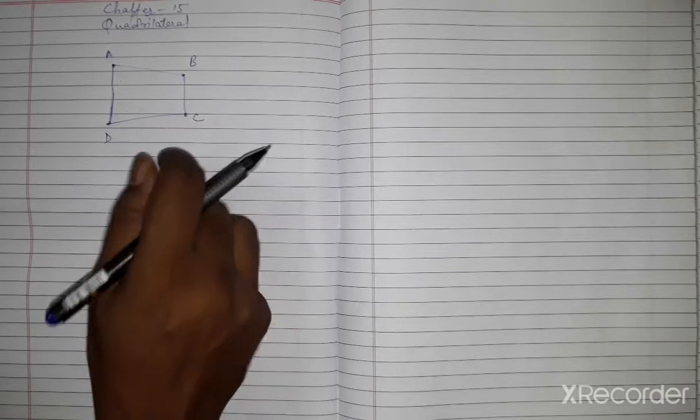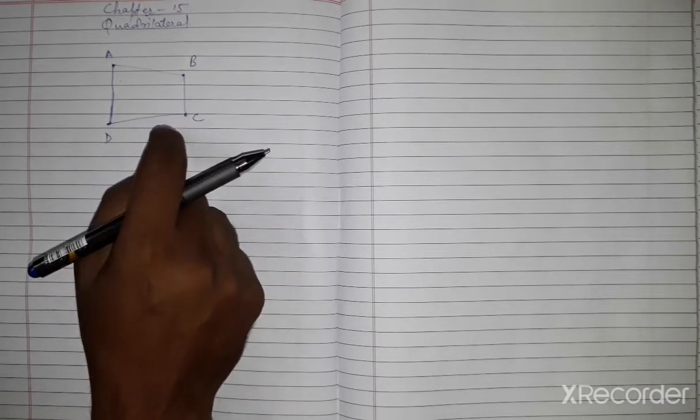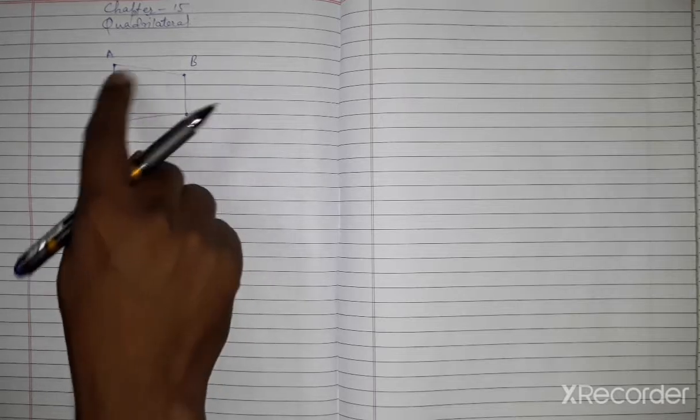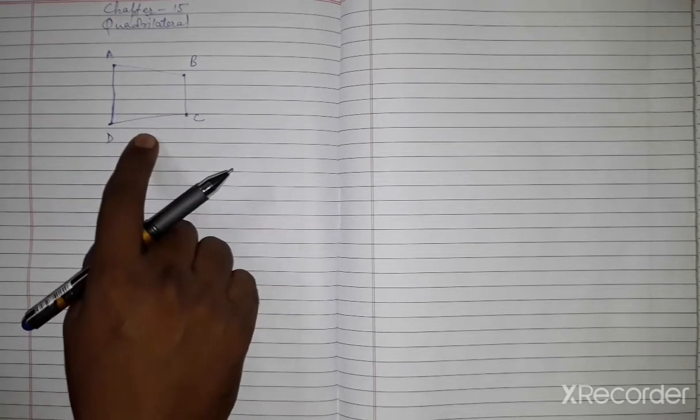Then the figure formed by these 4 line segments is called a quadrilateral.